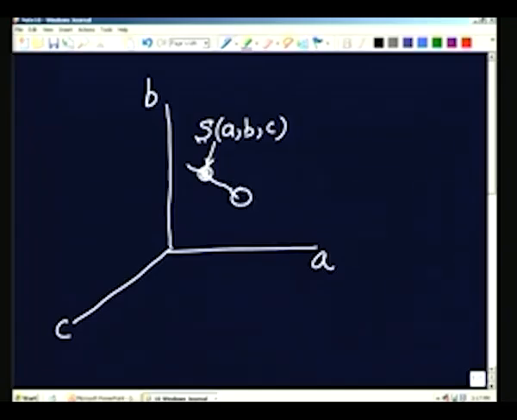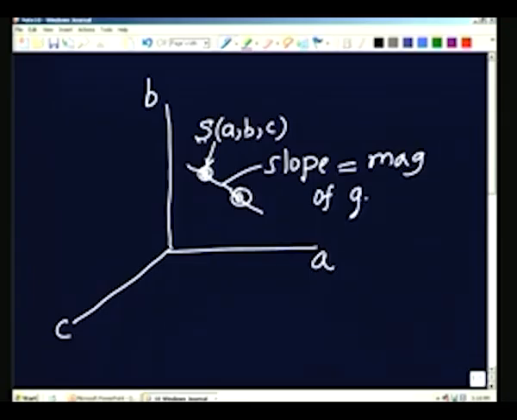Of course, it can be either going in the direction along which it is going to change, and the slope is given like this. The slope of this line is the magnitude of the gradient.